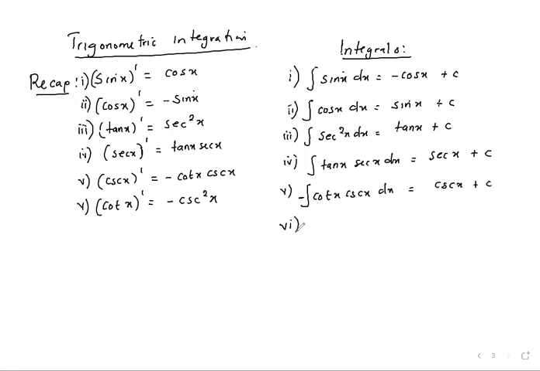And 6, the integral of minus cosec squared x dx is then going to be cot x plus c. So you need to know these 6 derivatives and these 6 integrals.